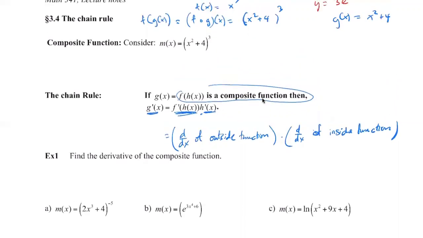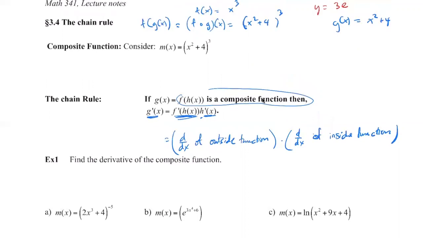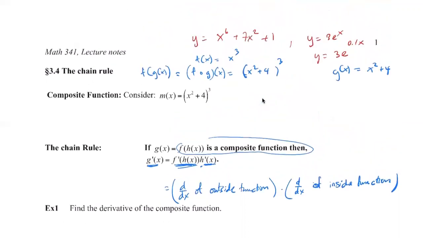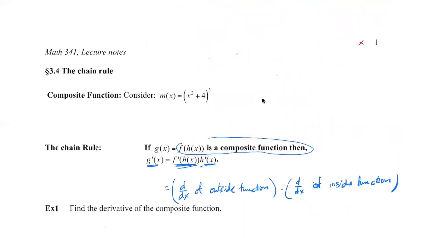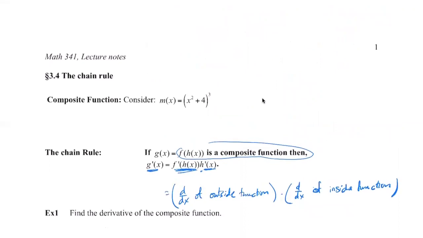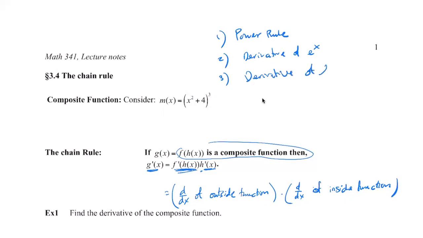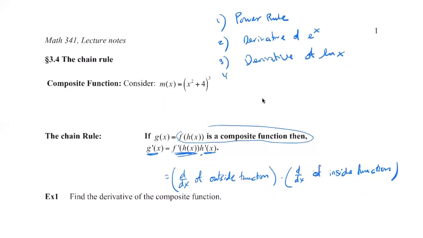To understand this section 3.4, you have to master these derivative rules before this section. That is the power rule, the derivative of e to the x, the derivative of natural log of x, and the product and quotient rules.